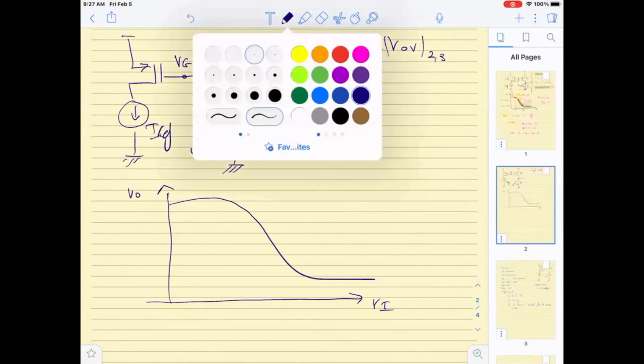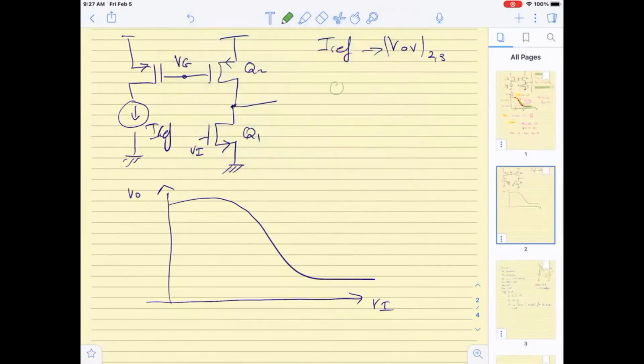The first condition that we want to address is for Q2 to be in saturation. For Q2 to be in saturation, I want to satisfy that VSD2 is greater than VOV of Q2. This I already have. It's a known value. So this tells me that this is VDD minus VO, isn't it? This is the S and this is the D of Q2.